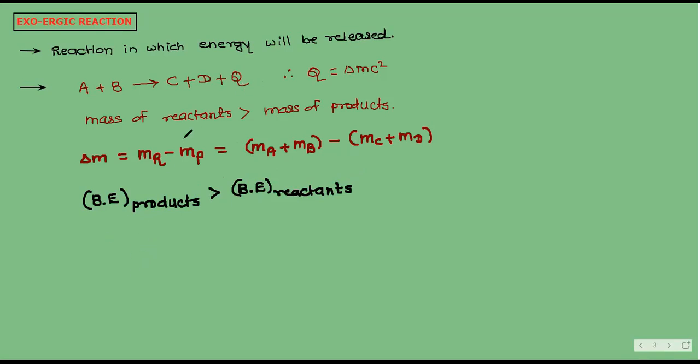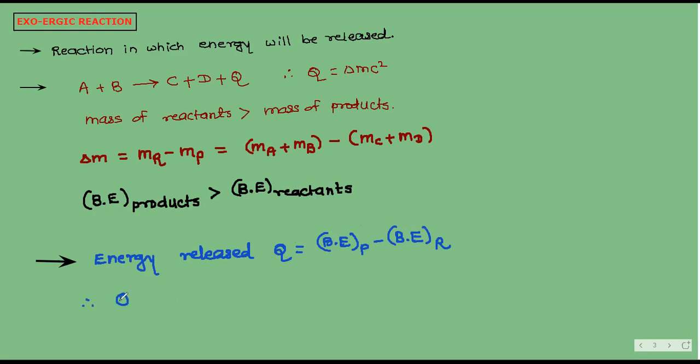And whatever energy is getting released, that is Q, in these types of reactions. How to find that? So energy released, that is Q, is equal to binding energy of product minus binding energy of reactants.